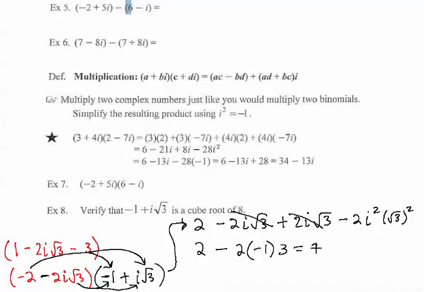We have 2, minus minus is a plus, and 2 times 3 is a 6. And so amazingly, we do end up with an 8. We cubed negative 1 plus i square root of 3, and we ended up with an 8. So this must be a cube root.